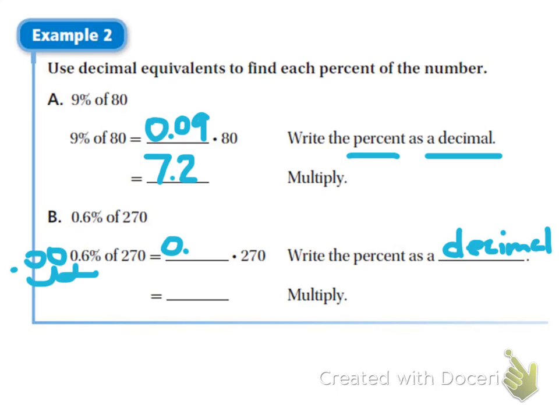So that means that there are zeros in front of it, so I have 0.006. And once I multiply, we find that the answer is 1.62.